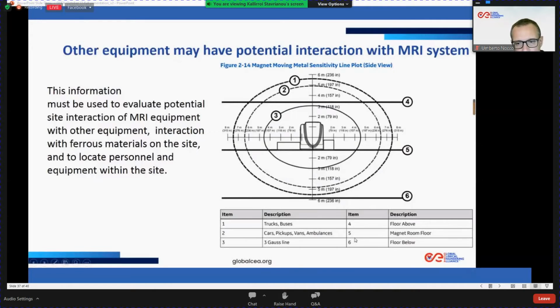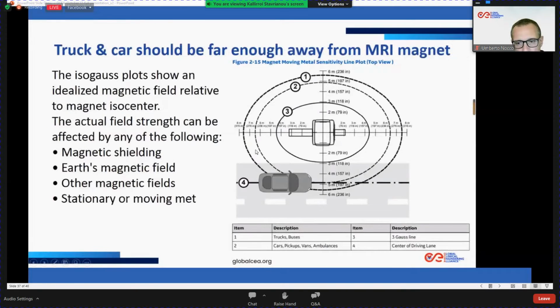The truck and the car should be far enough away from the MR system. This is the iso-Gauss plot showing the magnetic field relative to the magnet isocenter. The car and the truck should be far away from isoline 1 and line 2.